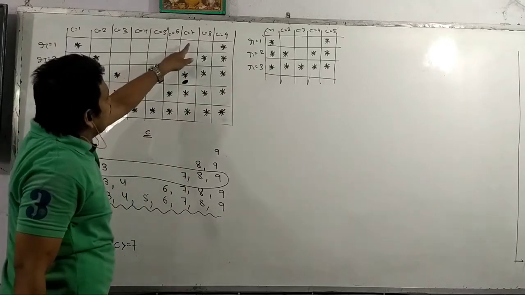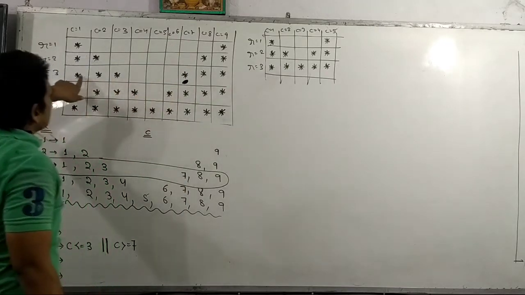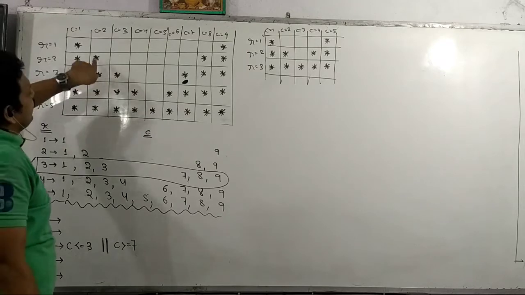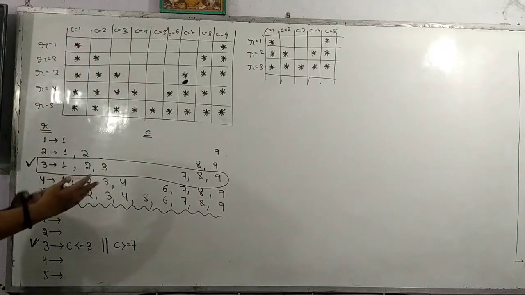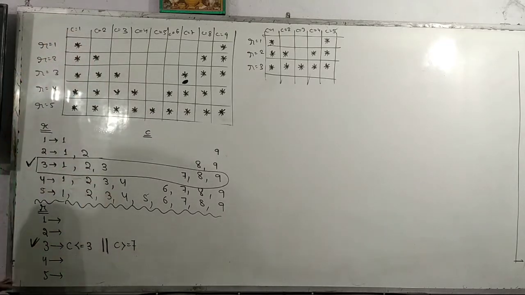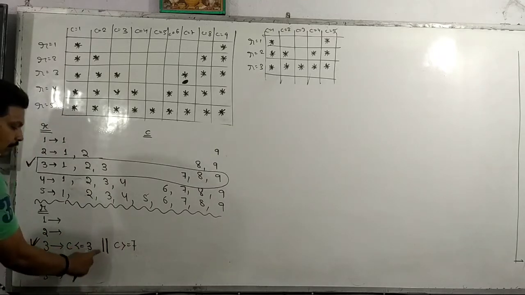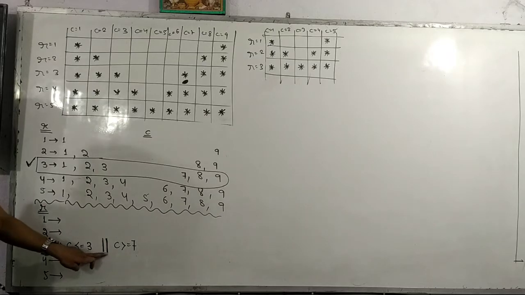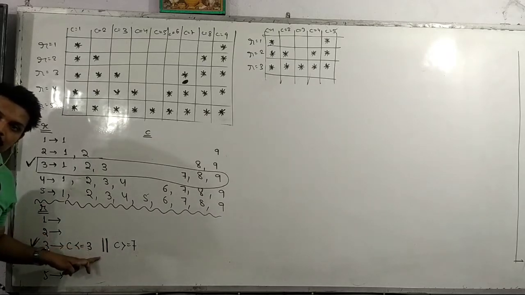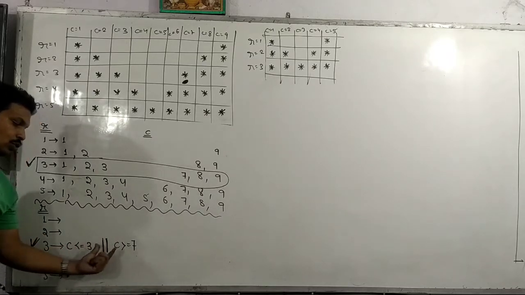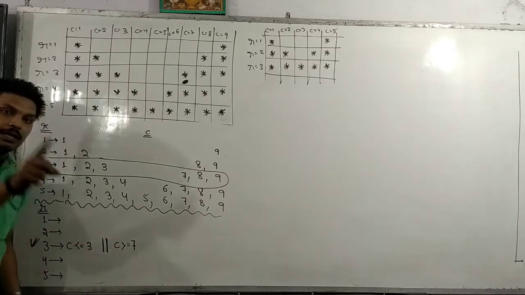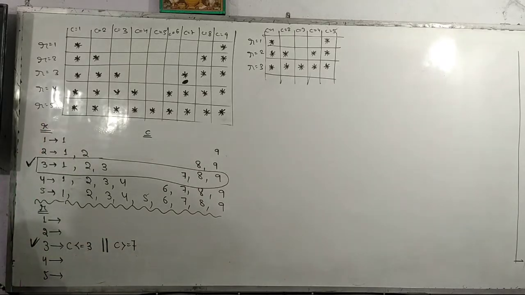Now when it is 7, is it possible to satisfy this condition? It should be less than equal to 3. No. At the same time, two conditions cannot be satisfied. If at the same time two conditions cannot be satisfied, we will use logical or. And if you know the functionality of logical or, if any one condition is true, the complete expression will give you true. आया समझ में?